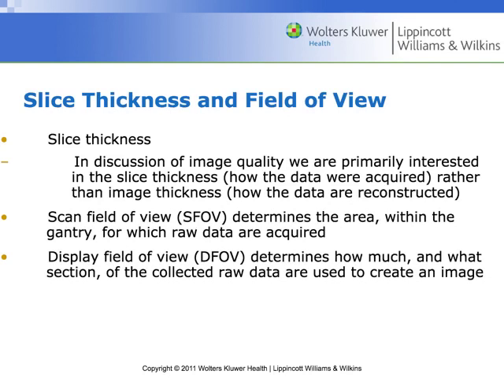This of course has impacts on spatial resolution as well as patient dose. The smaller the slice thickness is, the higher the patient dose will be. Okay? Scan field of view and display field of view also relate to spatial resolution, and specifically the amount of area that it's acquiring raw data. Okay? So what does this look like from a scanning point of view?